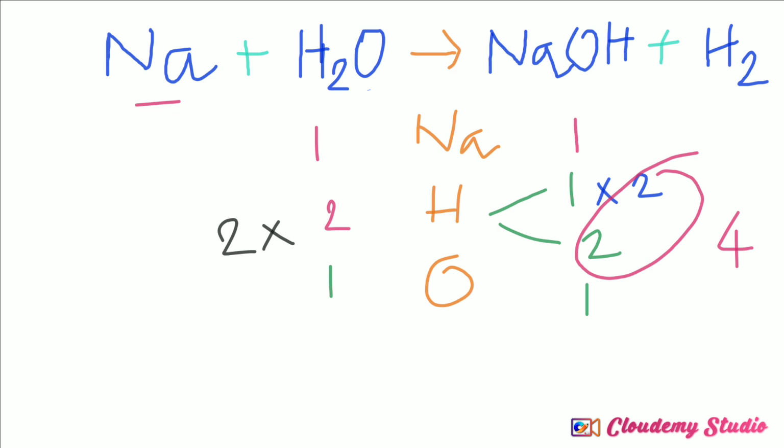So at the odd number place we need to mention the coefficient. This odd number hydrogen 1 only we have multiplied by 2. This odd number hydrogen is present in NaOH. Therefore, this NaOH as a whole we need to multiply by 2.